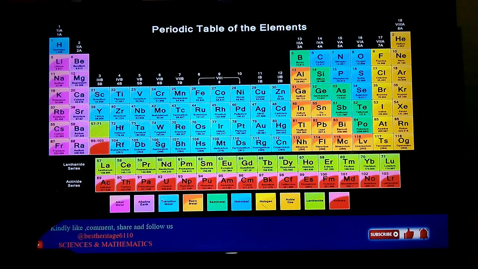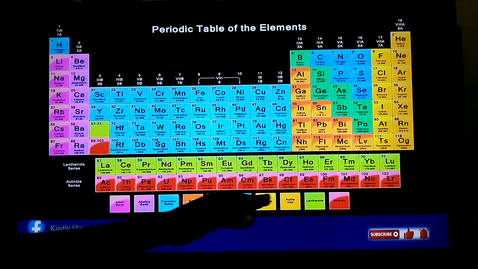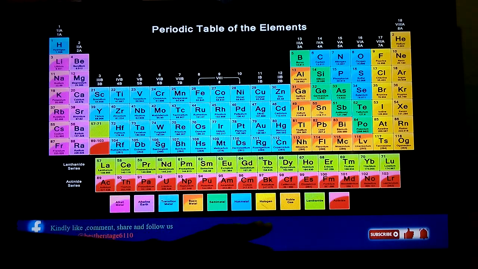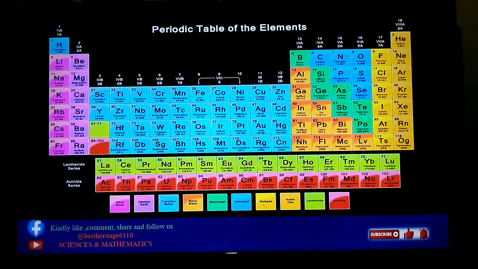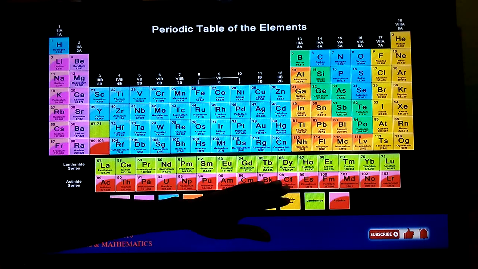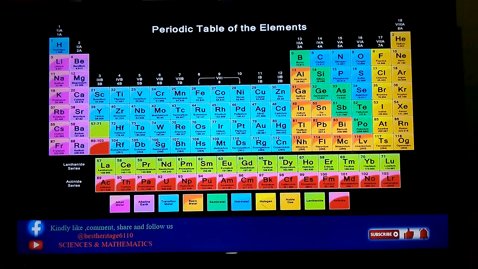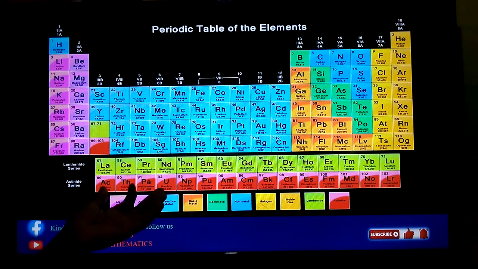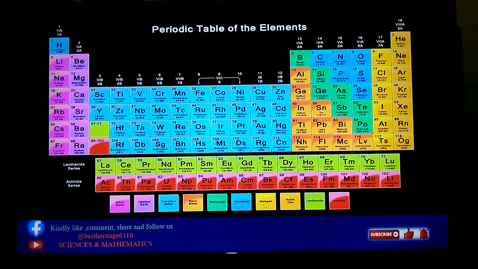And from this second case, for the inner transition elements, we're going to see another series that is referred to as the actinide series, which is also a range of 15 elements, ranging from actinium to lawrencium, that also are going to have some unique characteristics. But to mention one of them, they are going to display instability, whereby the majority of them, all of them actually, are going to display what we call radioactivity.